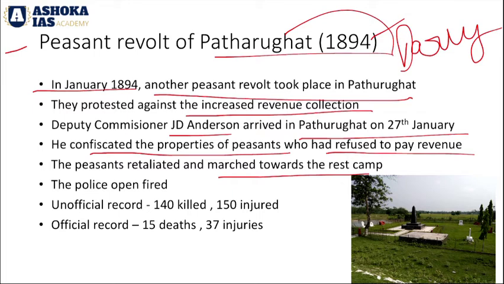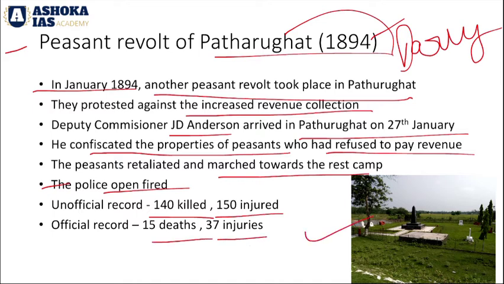Alright, the British police opened fire upon the protesters, and according to unofficial records, 140 people were killed and 150 were injured. However, according to the British official records, 15 people died and 37 were injured.